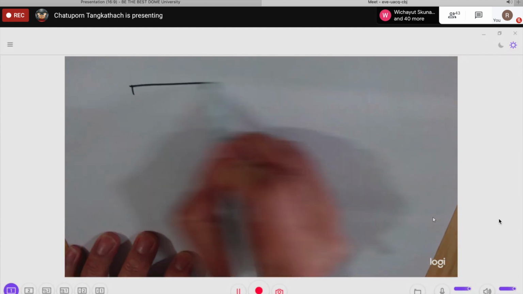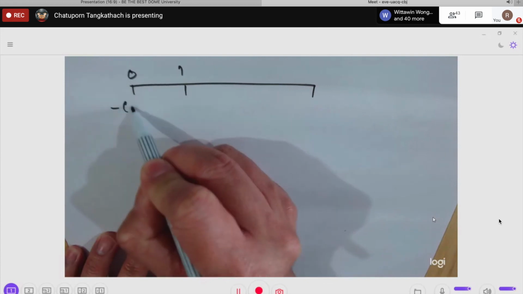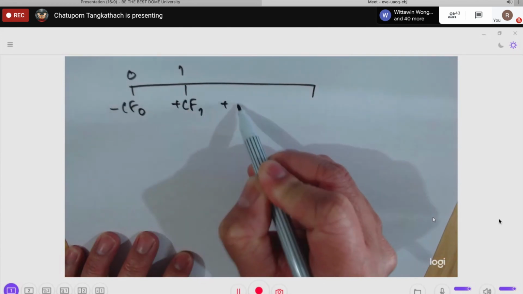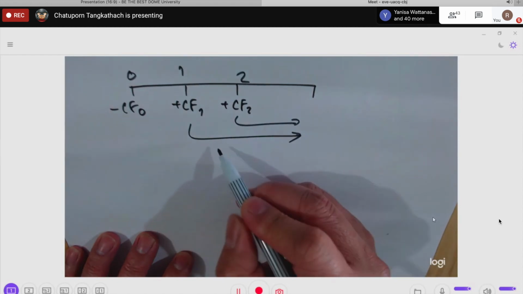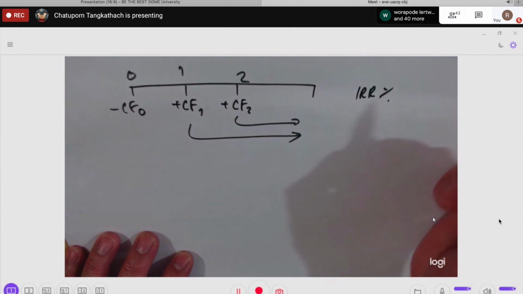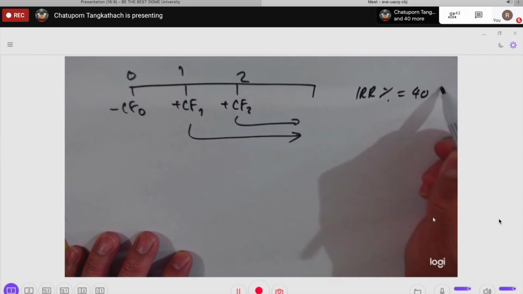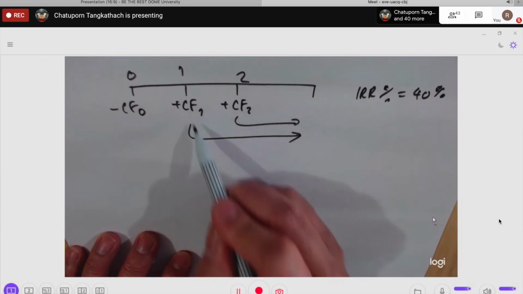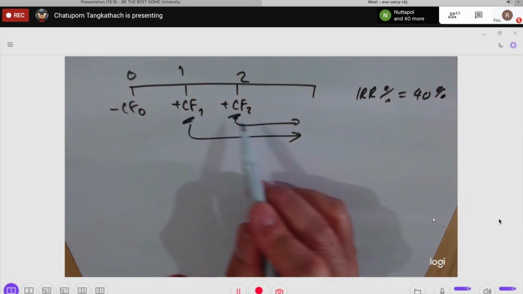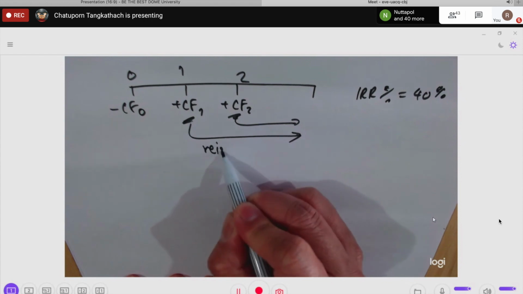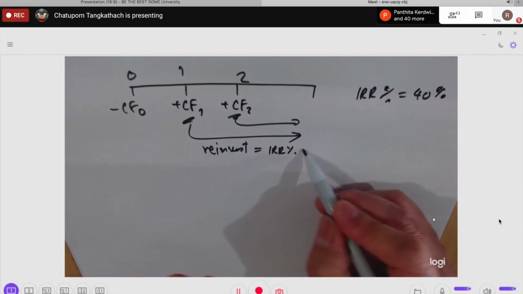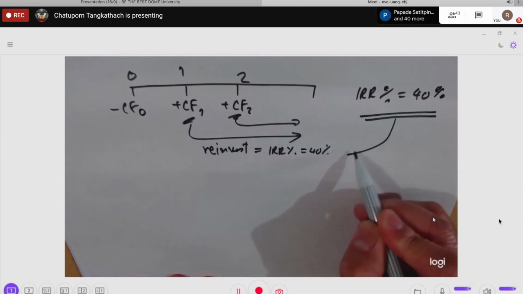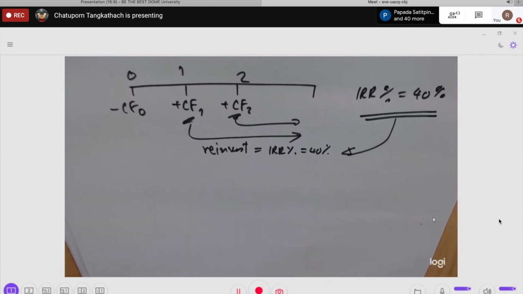Last time we said that when we talk about cash flow from the project and say IRR equals a certain percent, like 40%, the interim cash flows, or the cash flows before the project ended, need to be reinvested to get a return equal to the IRR as well, or 40% in this case.